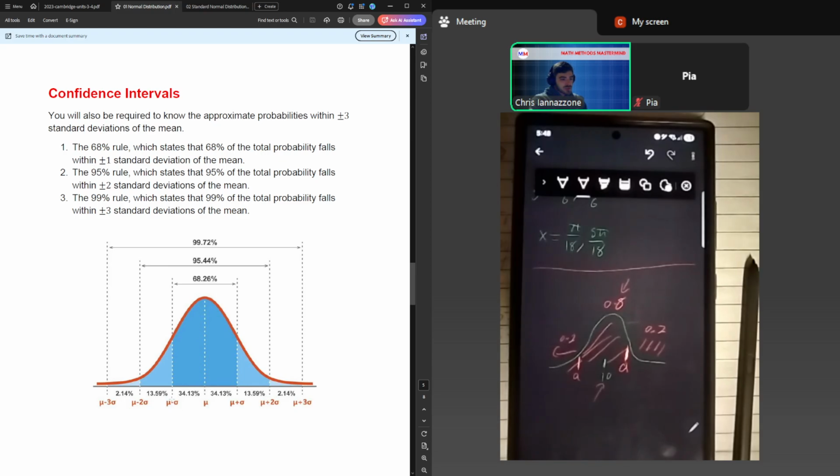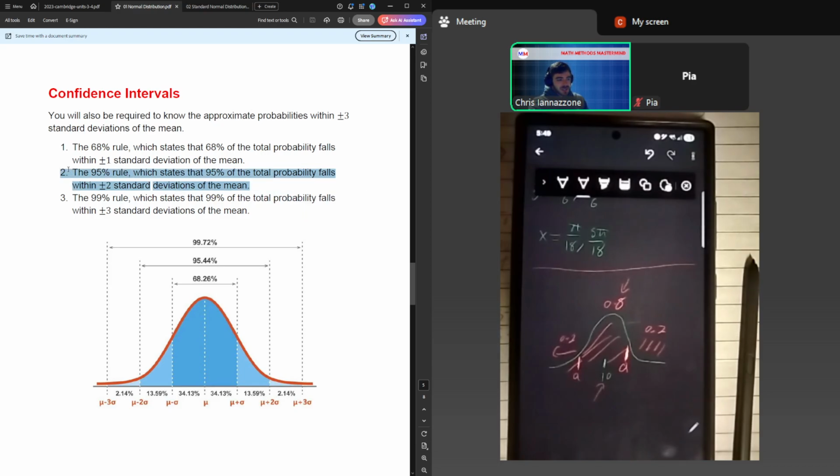The 68% rule tells you that roughly 68% of the area is going to be between plus or minus one standard deviation of the mean, 95% between plus or minus 2, and 99% between plus or minus 3. The 95% rule is the only one that I've ever seen get tested. So if you're going to memorize one of those things, do the 95% rule.